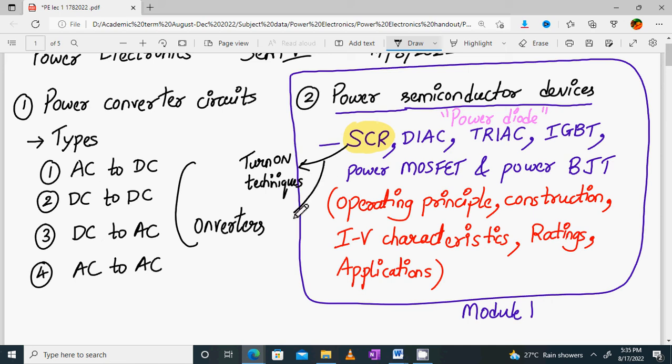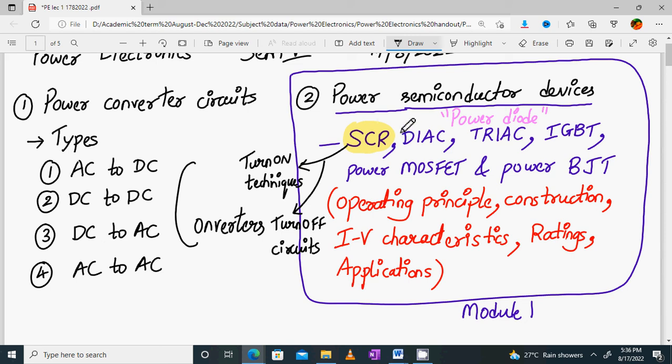Also, it's very difficult to turn off an SCR, but it's possible. So we'll look at various commutation circuits, which are called turn off circuits for the SCR. So we'll focus on how to turn on an SCR, what are the different techniques, and how to turn off the SCR, which is very important in the case of power converter circuits, right?